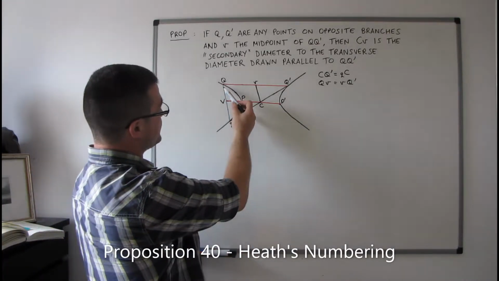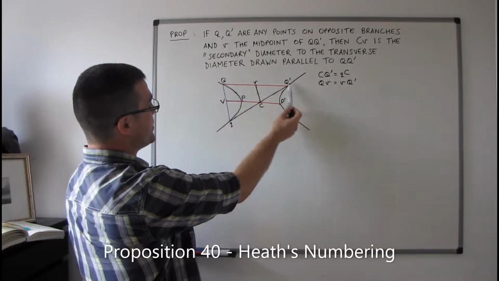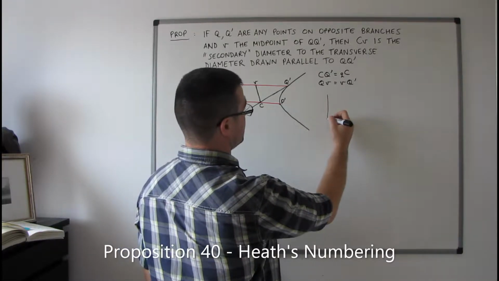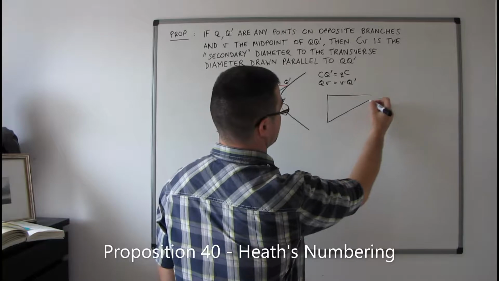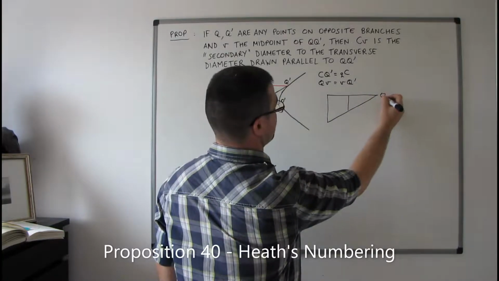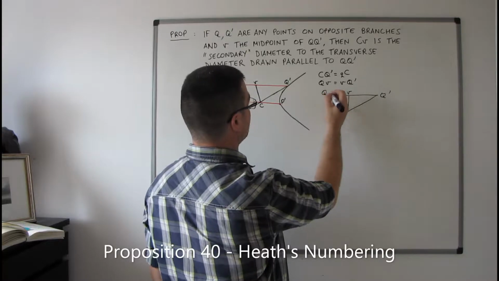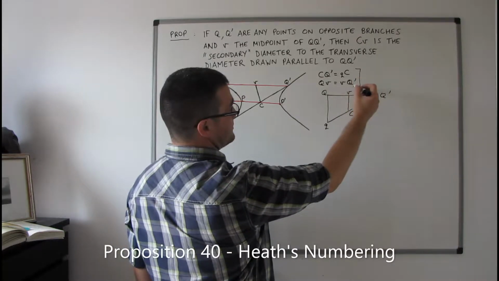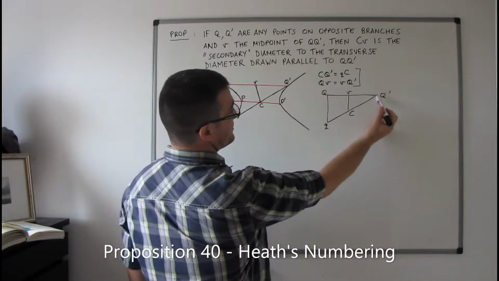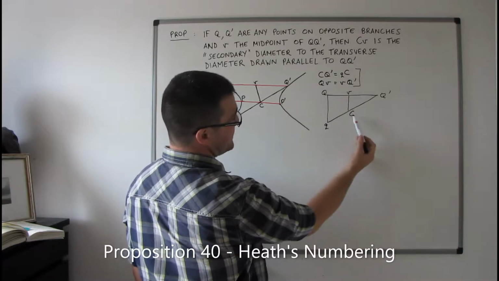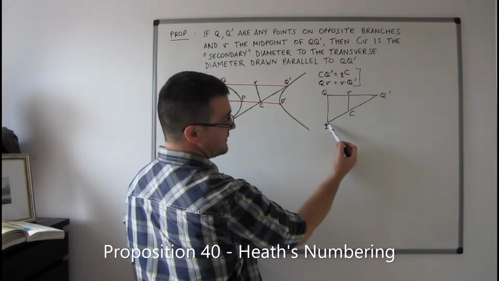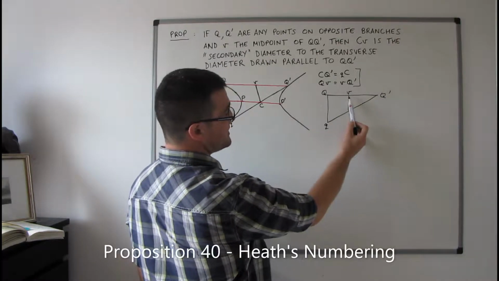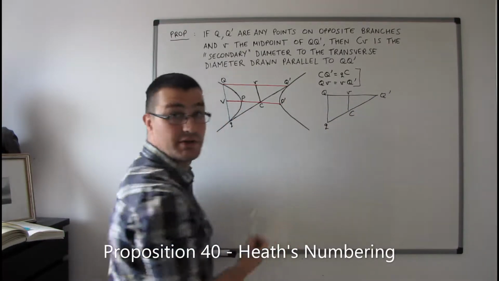And now let's have a look at this triangle that we've got in here: Q', V, Q, C. Both of these together, CQ' equal to QC, would mean that CQ' is equal to half QQ', and also VQ' equal to QV means that VQ' is equal to half QQ'.